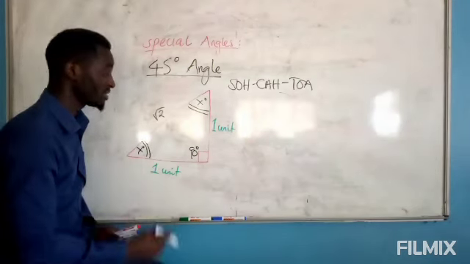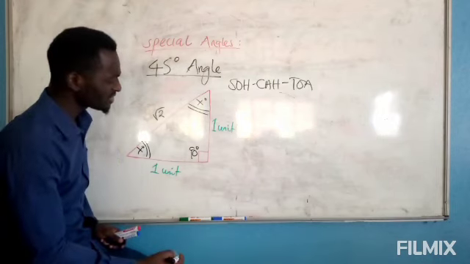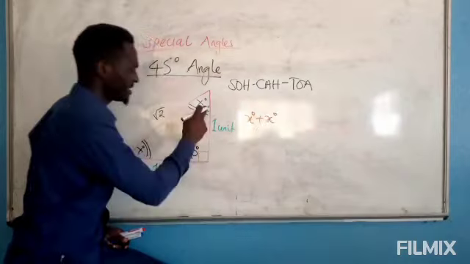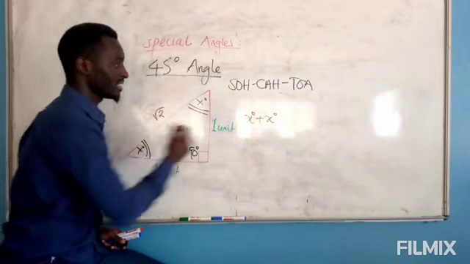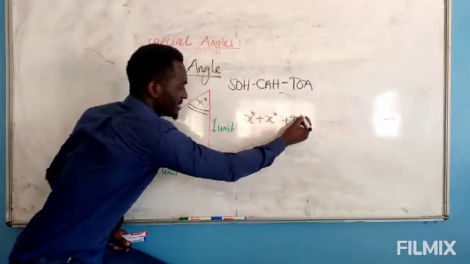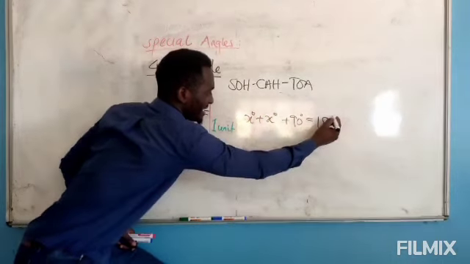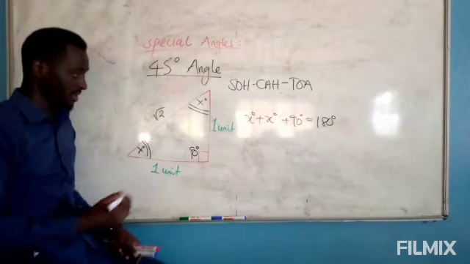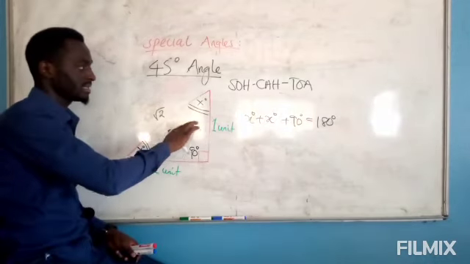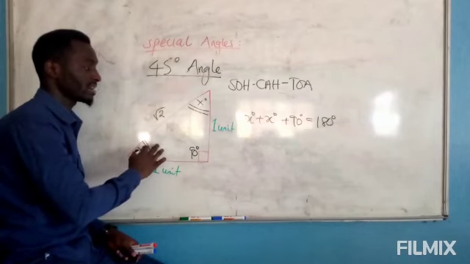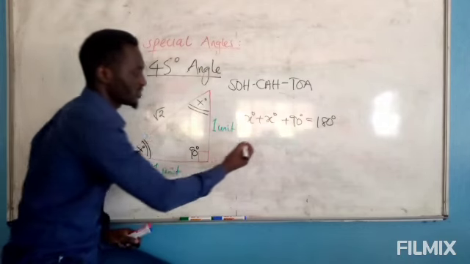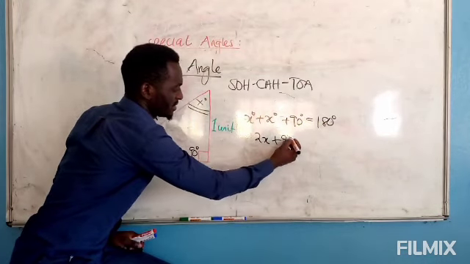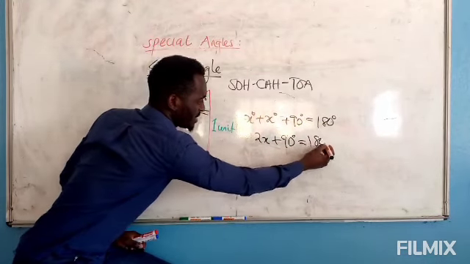So I'm going to say x degrees plus x degrees, this angle plus that angle, plus 90 degrees, is supposed to give me 180 degrees. This is using the property which says the 3 interior angles of a triangle add up to 180. So I'll have 2x plus 90 degrees is equal to 180 degrees.